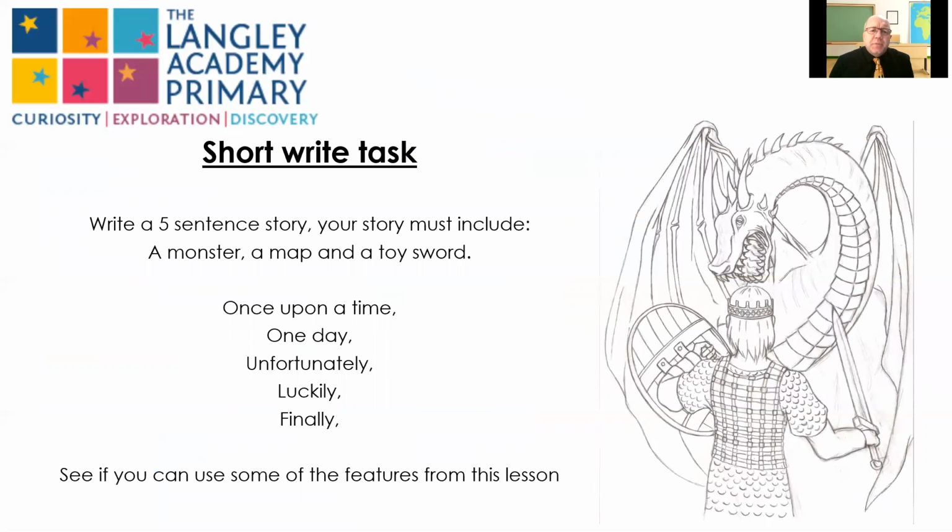So here's your task, a short write task today, a 5-sentence story. That's it, 5 sentences. But your story must include a monster, a map, and a toy sword. 3 objects that don't always go together: a monster, a map, and a toy sword.